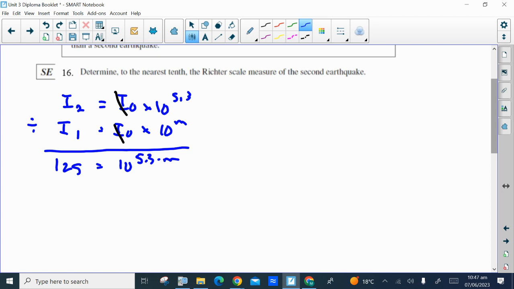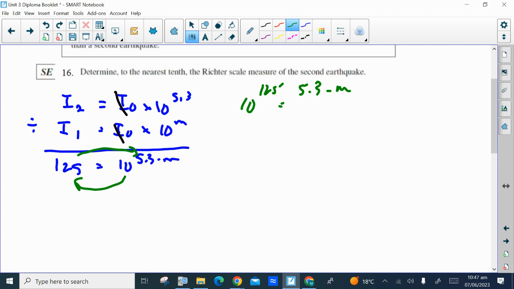And to find out what m is, I would convert from logarithmic to exponential. Start with the base and cycle through. So that'll be 10 to the power 125 equals 5.3 minus m.